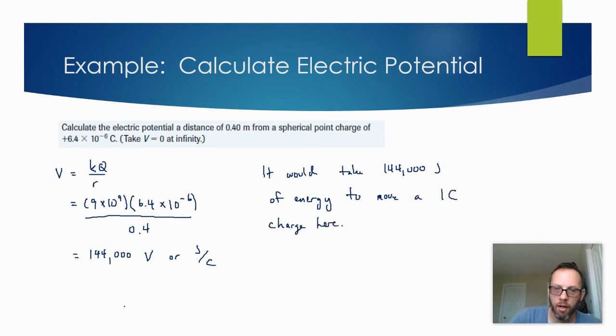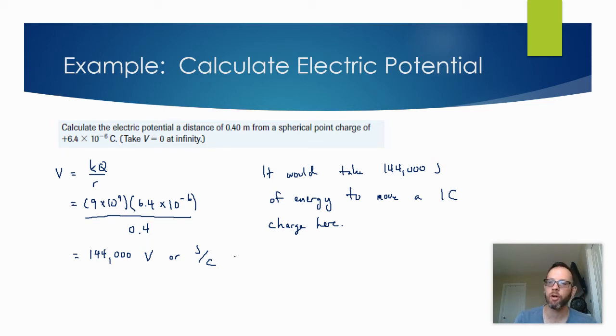So that's just a general way of saying the potential energy at a point, but it's independent of the charge in the field. So a 1 coulomb charge would take 144,000 joules. A 2 coulomb charge, it would take 288,000 joules. You just take the voltage and you multiply it by the charge. So this general electric potential can actually be a lot more useful than electric potential energy.